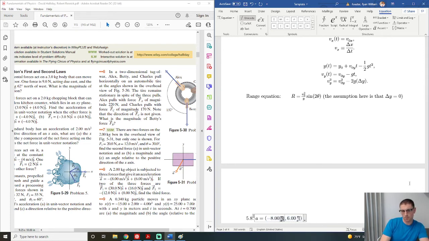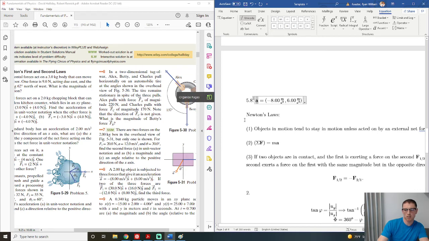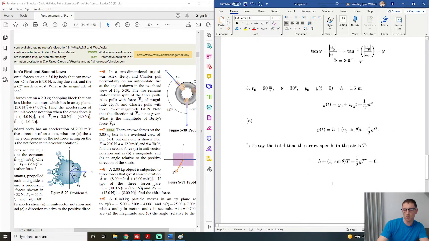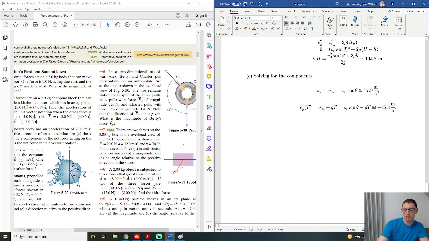Cool. Remember that my convention, when I'm typing at least, is to write it bold and unitalicized, right? So this is what we have for the acceleration vector.